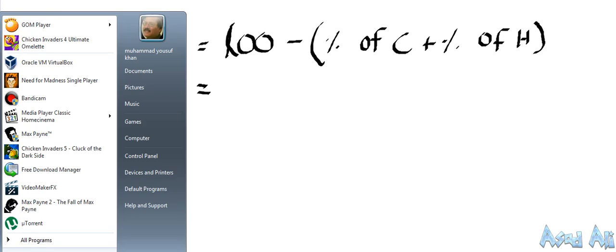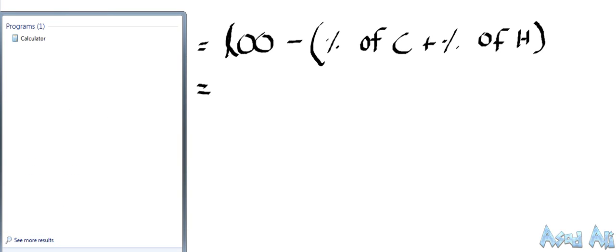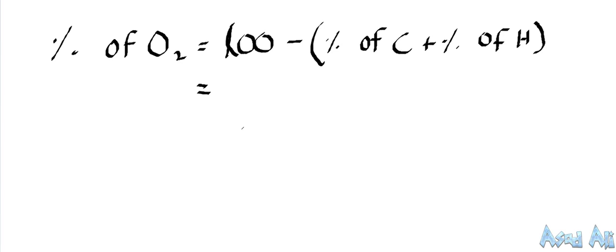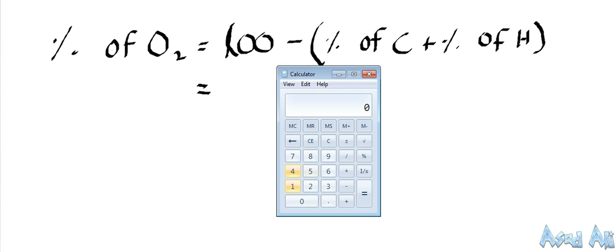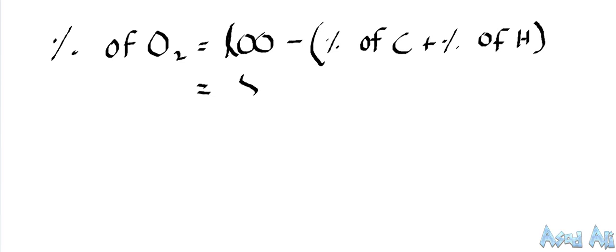Now we know the percentage of carbon, 100 minus 40 plus 6 is 46.6, that will give 53.4% of oxygen.